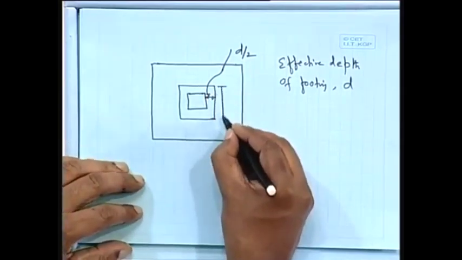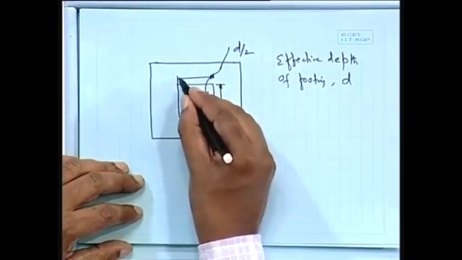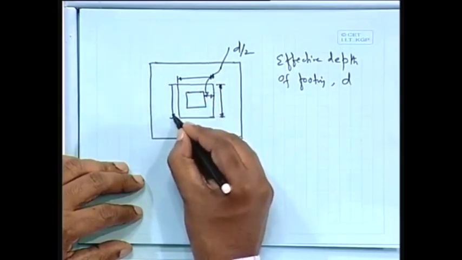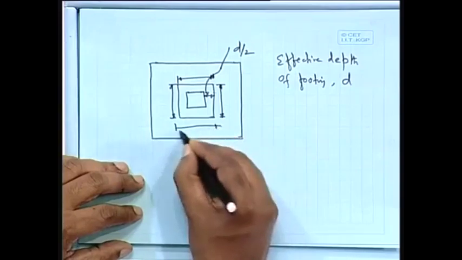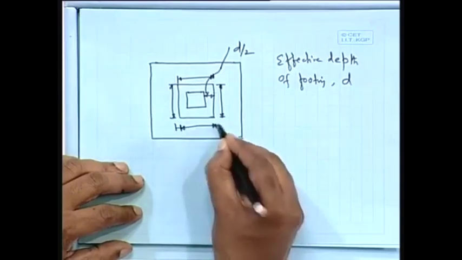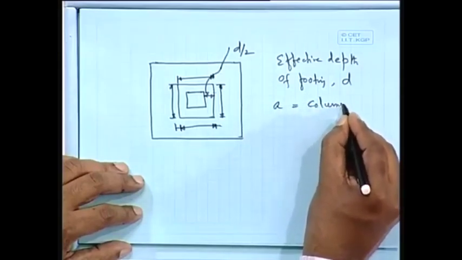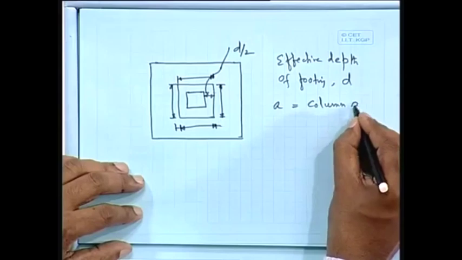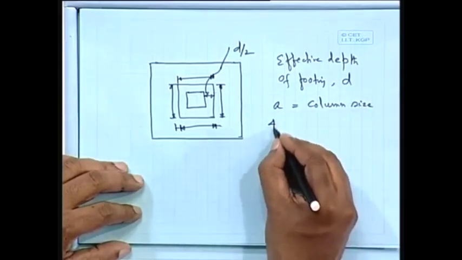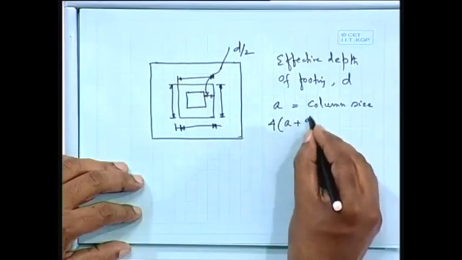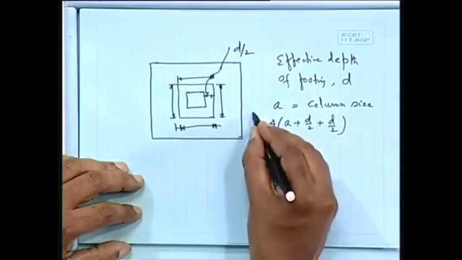If this is the length, this is also a column dimension, say square. So, we shall get 4 times A plus D by 2 plus D by 2, the total perimeter.